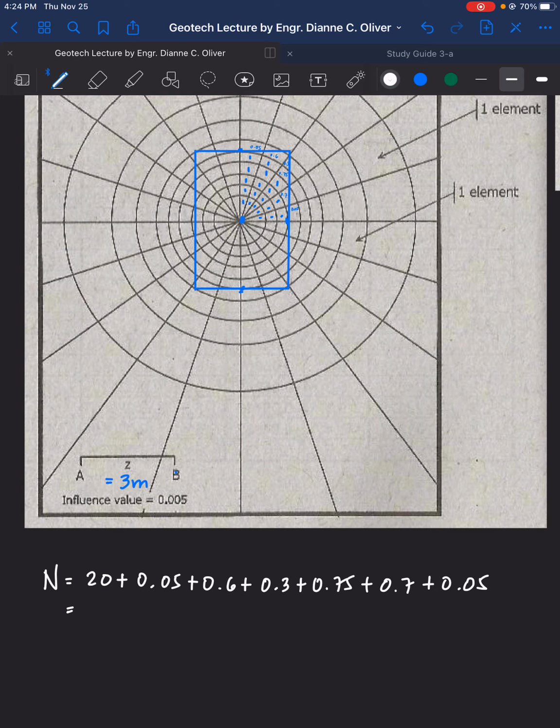If you're doing this on your piece of paper, it will become more accurate because of your use of a straight edge. There. Okay, so 20 plus 0.05 plus 0.6 plus 0.3 plus 0.75 plus 0.7 plus 0.05. That is 22.45 elements.